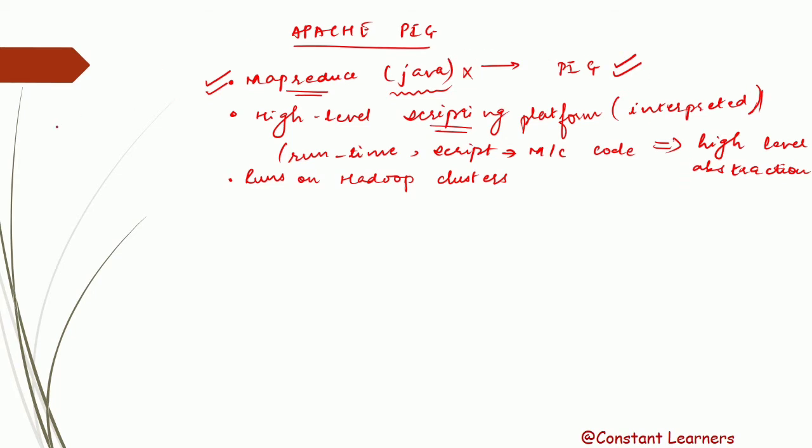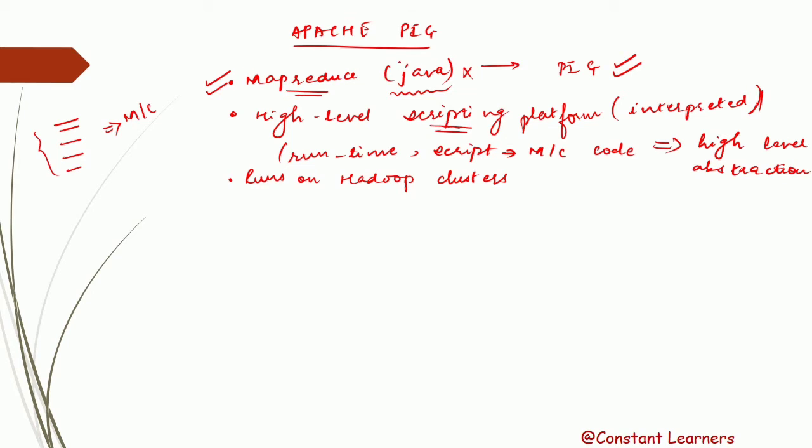So the user only writes some lines of the script, and this is converted into machine code in the environment of high level of abstraction. That means it is hidden from the user. Then it is analyzed, the data is processed and the output is given to the user.